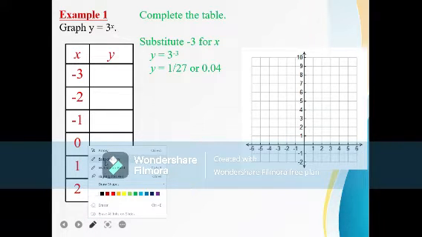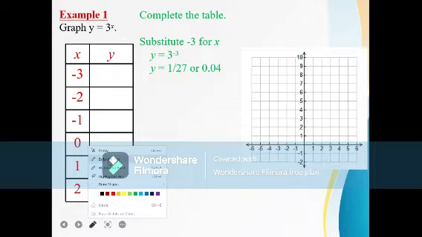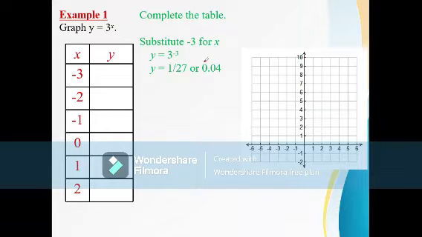So that means that 3 to the power of negative 3 is equivalent to 1 over 3 cubed.